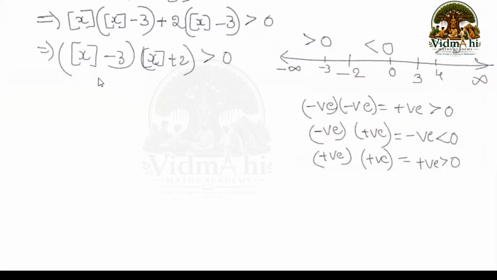It is a greatest integer function. For this kind of function, we have to use another rule or trick to find the domain. So in this number line, you already observed minus infinity to minus 2 is greater than 0, and 3 to infinity is also greater than 0.